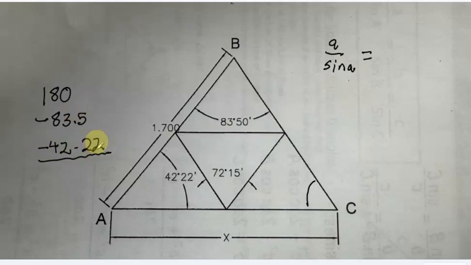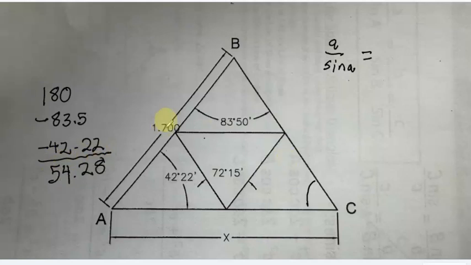So once I solve for this, and let me grab my calculator real quick. So I have 180. Okay. Oops. Where did my calculator go on my phone? There we go. Okay. So I'm going to take 180 minus 83.5 minus 42.22, and I have 54.28. So that gives me angle C.